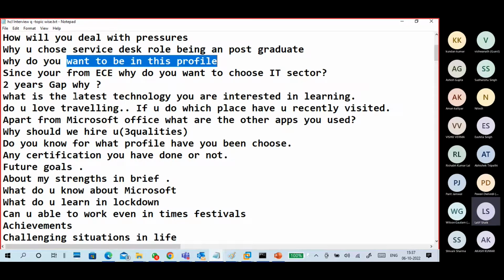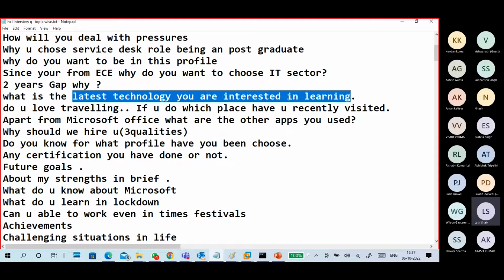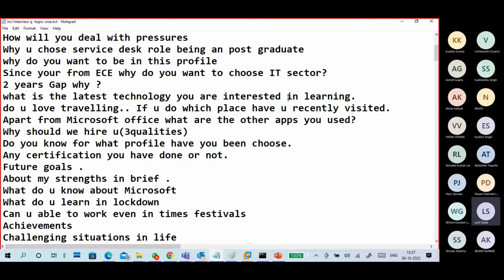What is the latest technology you are interested in learning? Meaning which technology you want to learn or have already learned. Do you know any latest technology? Do you love traveling? If someone answers "I love traveling," the interviewer asks which place you recently visited.